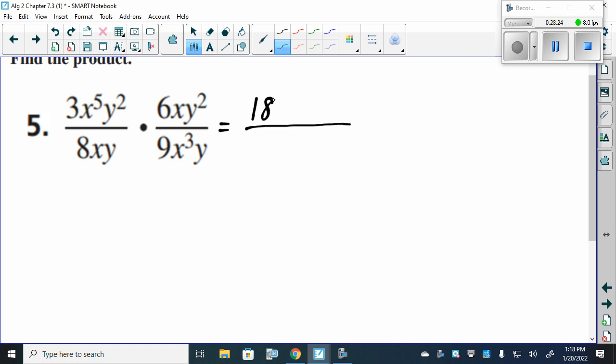X to the 5th times x would be x to the 6th. Y squared times y squared would be y to the 4th. On bottom, 8 times 9 is 72. X times x to the 3rd would be x to the 4th. And y times y is y squared.